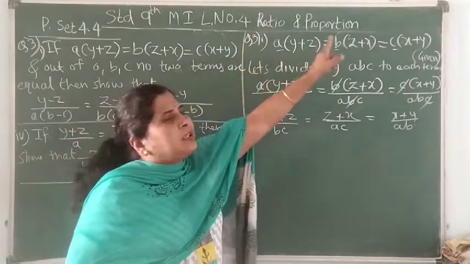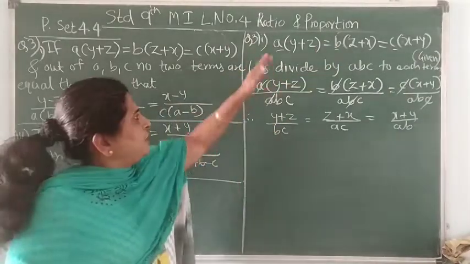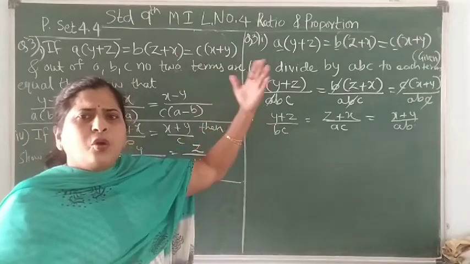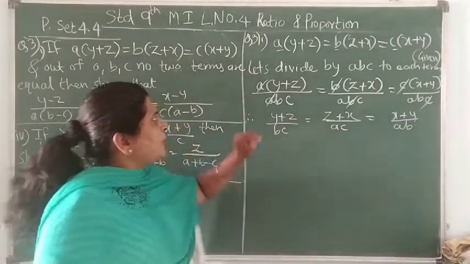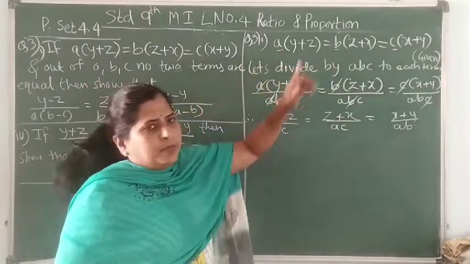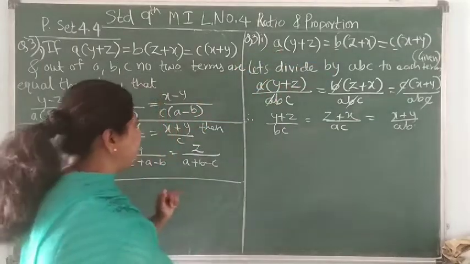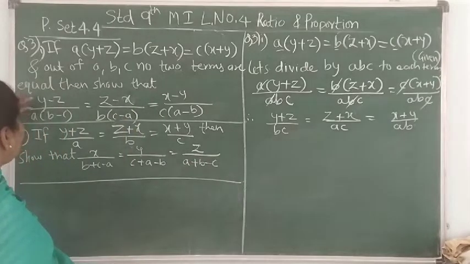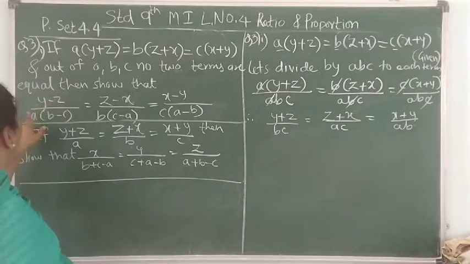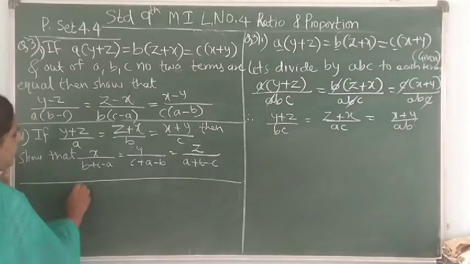So from the given three statements, where we did not have anything in the denominator, or let's say it was 1, we have got this in the denominator, and we have removed ABC from the numerator as well.